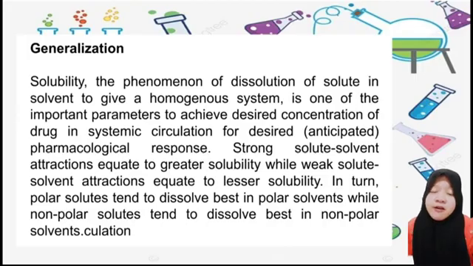So for the generalization for this topic, solubility, the phenomenon of dissolution of solute and solvent to give a homogeneous system, is one of the important parameters to achieve desired concentration of drug in systemic circulation for the desired or anticipated pharmacological response.